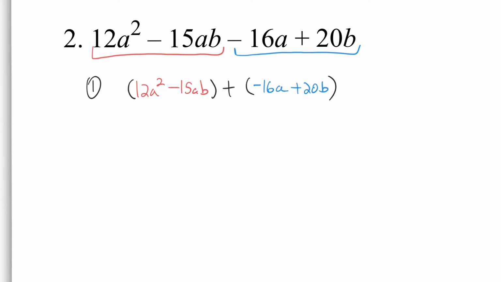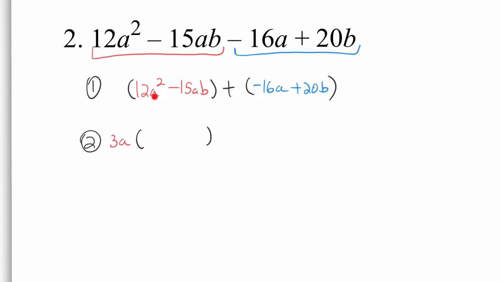So my second step, when you are factoring by grouping, is to factor out the GCFs. Just like number 1, we need to find what they have in common for the 2 groups. So for the first group, they have a common a, and 3 goes into 12 and 3 goes into 15. So I'm going to factor out the 3 with the a.